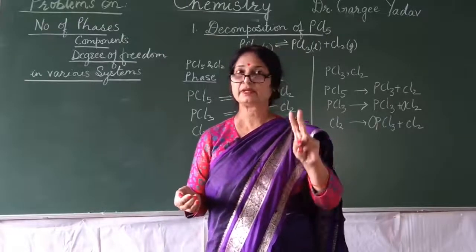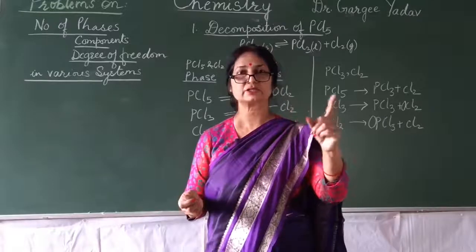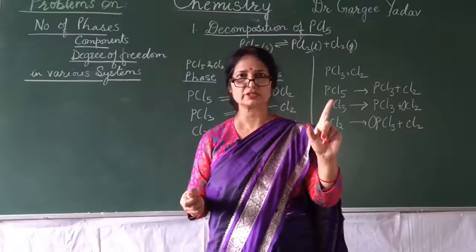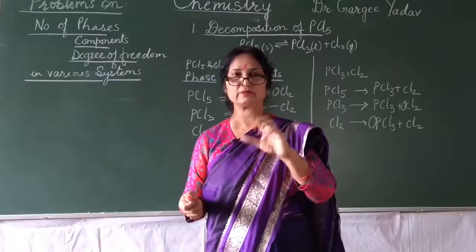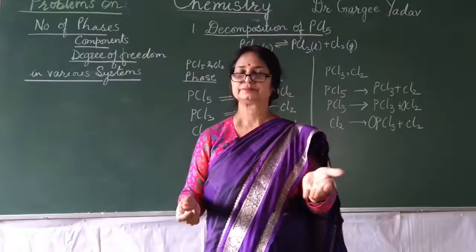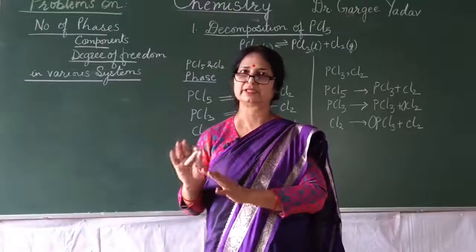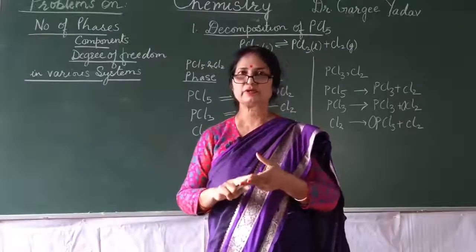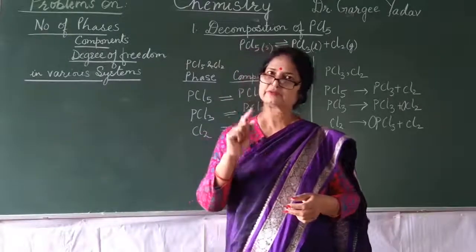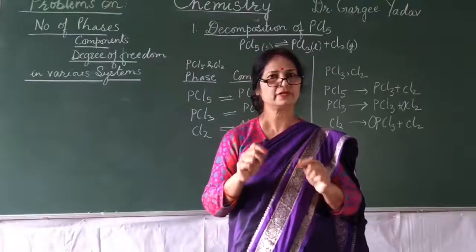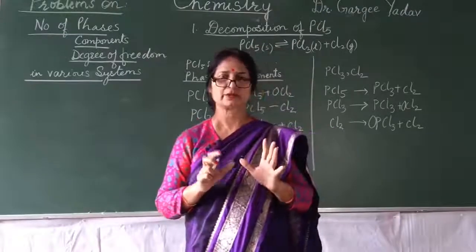In that case, we will be having two solid phases. One is the calcium carbonate, which is in solid state. Calcium oxide will again be in a solid state, and carbon dioxide gas will be in the gaseous state. So there will be two solid phases and one gaseous phase in case of decomposition of calcium carbonate.